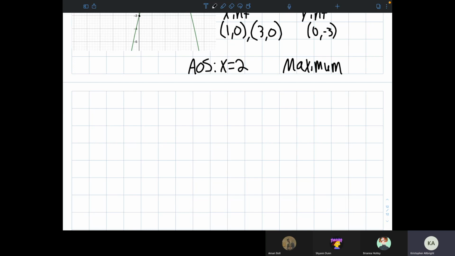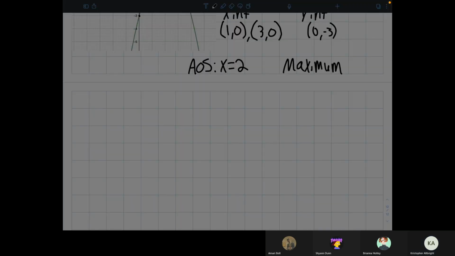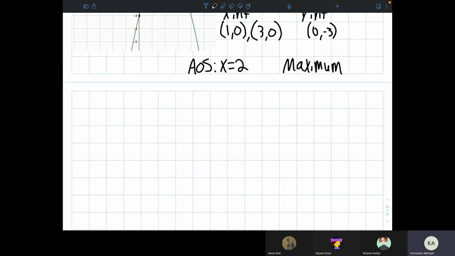So for one of the first problems on your sheet, I'm trying to screenshot it and I will put it on the page. Okay.